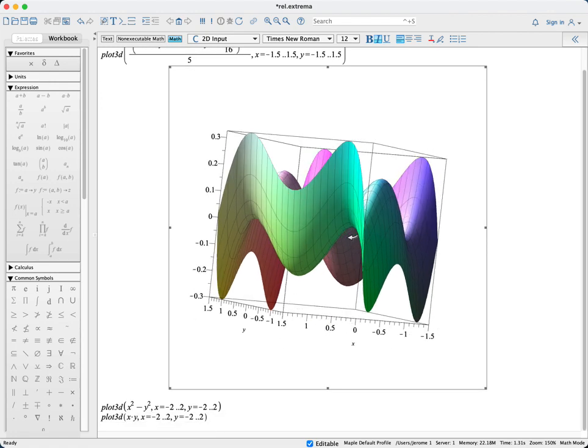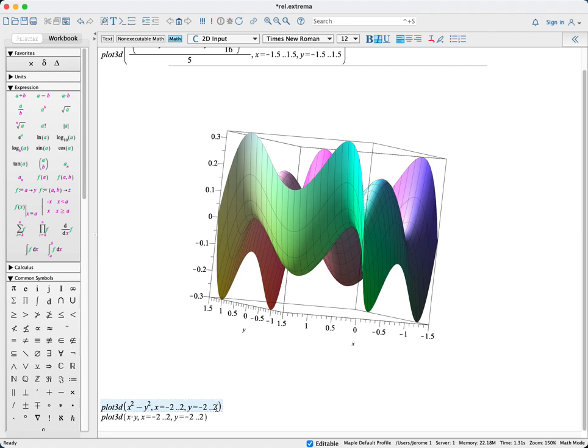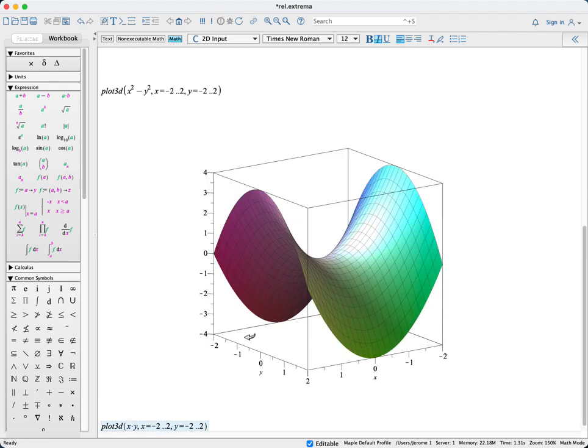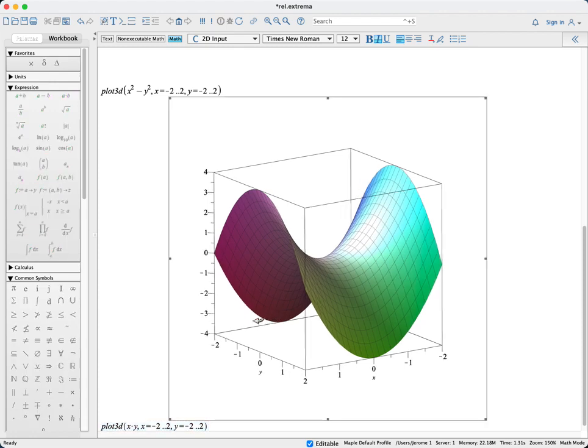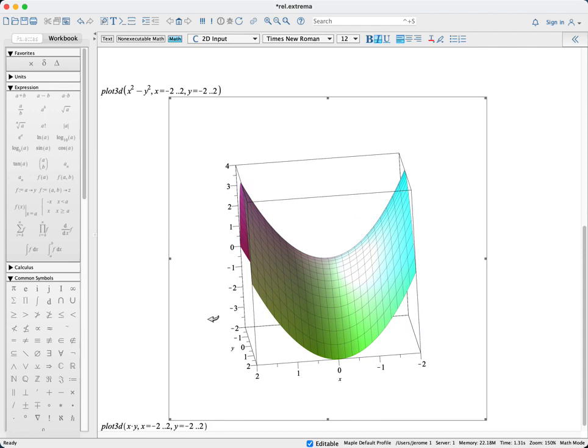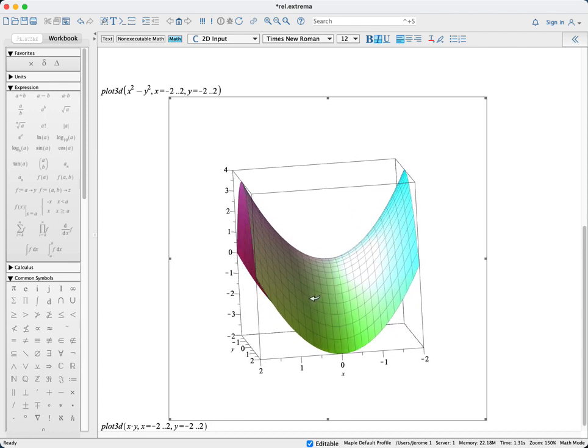Well, it turns out there is one other thing that can cause your tangent planes to be parallel, but it doesn't have to be a min or a max. That would be illustrated on a surface like this.